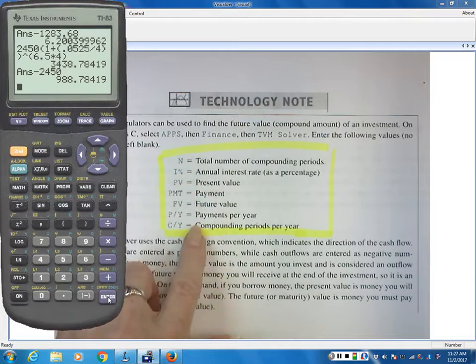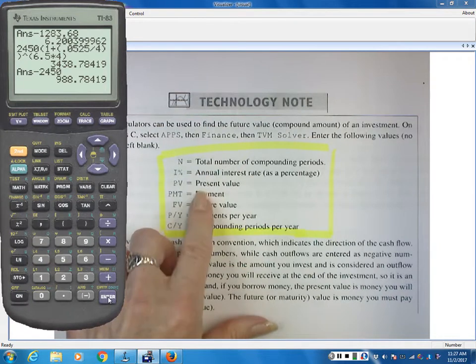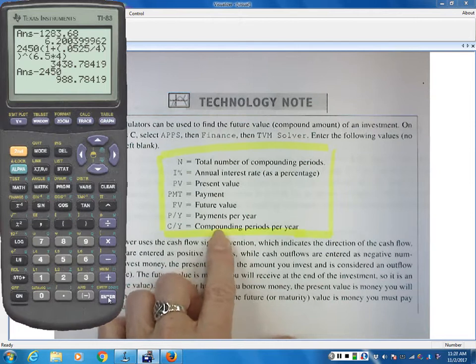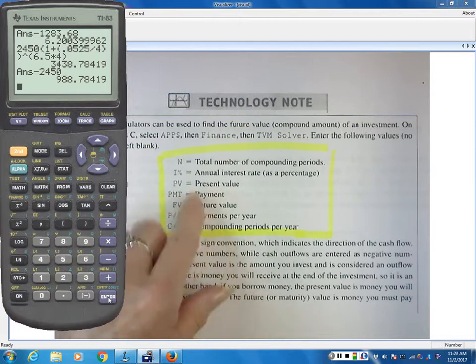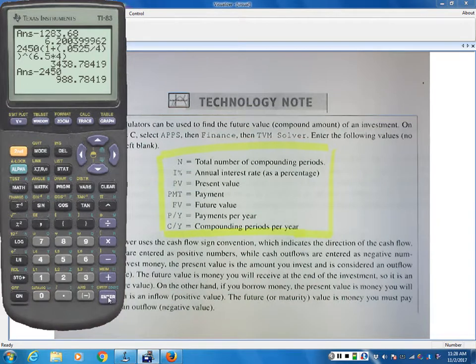One of these will be something that you don't know, and that's what you're going to have the calculator solve for. You may not know the annual interest rate. You may not know the payment. You are going to know the payments per year and the compoundings per year because that has to be given to you. You may not know the present value, you may not know the future value, but you'll need to be able to pick out all of those things.